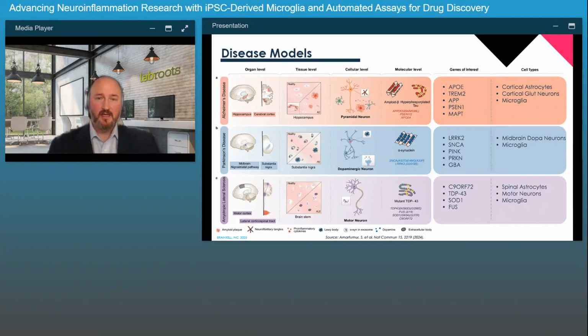So in the case of Alzheimer's disease, you may want to generate an ApoE4E4 mutation, or a TREM2 R47 SNP, or an APP or presenilin or MAPT mutation. And all of those can then be taken and converted into the different specific cells that are going to be very relevant for that disease.